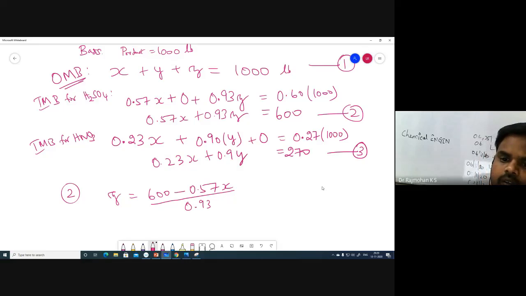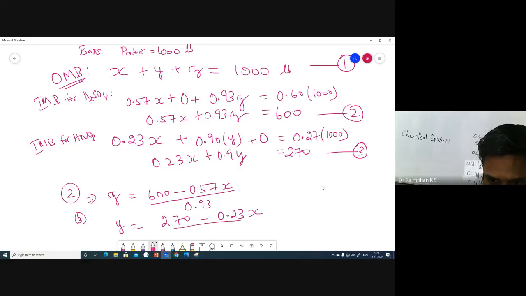Similarly, 3 can be rearranged to write y: y equal to 270 minus 0.23x divided by 0.9. Let it be equation number 4. Let it be equation number 5.